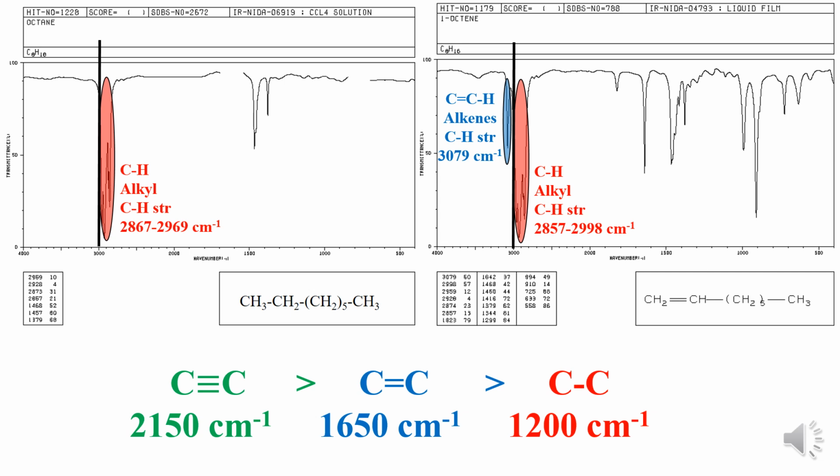And the CH stretching band for the CH bond formed by sp2 hybridized carbon is seen at around 3079 centimeter inverse. And in case of octane, there are no CH stretching peaks due to absence of CH bonds formed by sp2 hybridized carbon as in alkenes. And therefore you see only CH stretching peaks less than 3000 centimeter inverse.